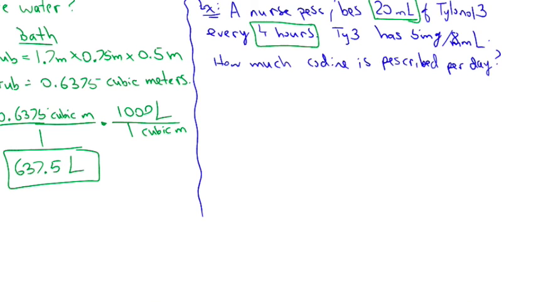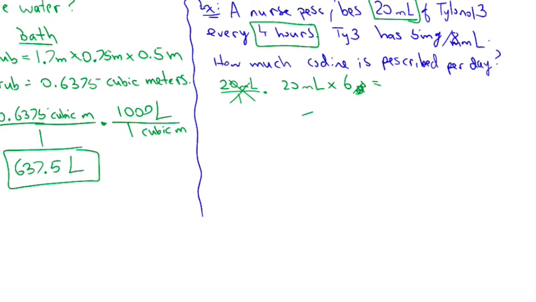Well, if you don't know, you start off with 20 milliliters. And it's going to be every 4 hours. I don't even want to do it with a fraction. It's much easier to go 20 milliliters. We already discussed how many times per day that would be. It would be 6 per day. 6 doses.